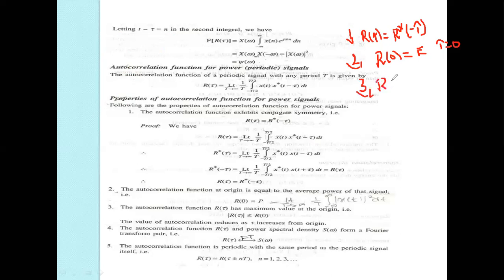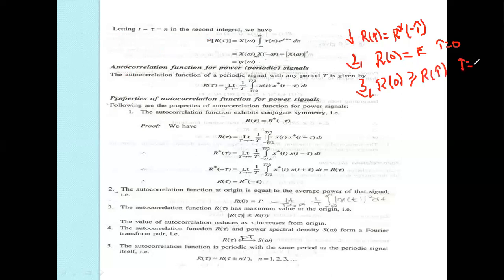So we have four properties. The first property says that for the autocorrelation function of energy signals, R of tau is equal to R conjugate of minus tau. The second property says R of 0 is equal to the energy of the signal at tau equal to 0. The third property says that as tau reduces, R of tau increases, with the maximum at tau equal to 0, so R of 0 is greater than or equal to R of tau.